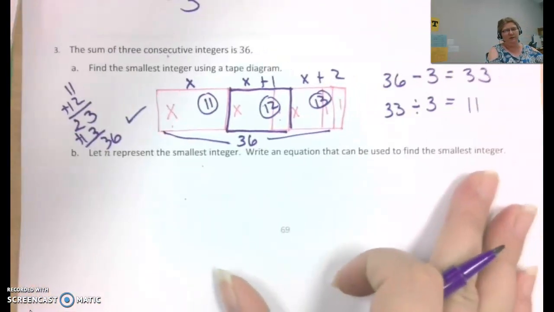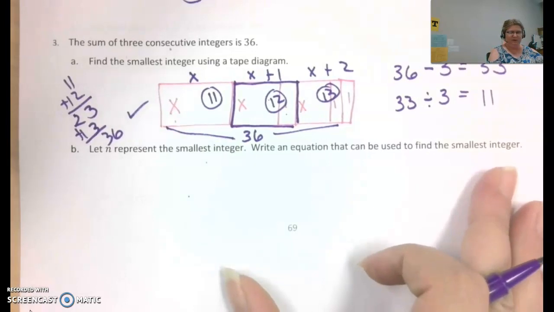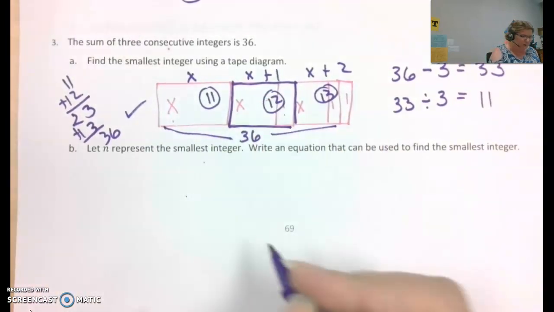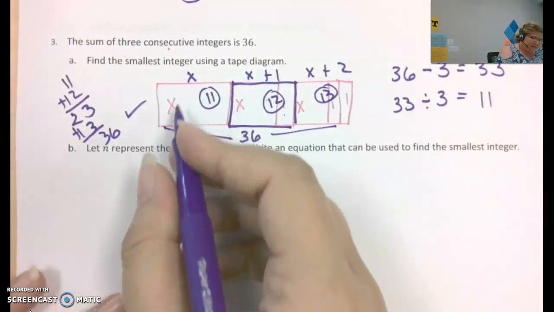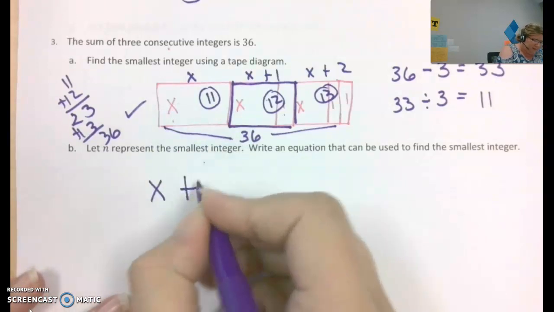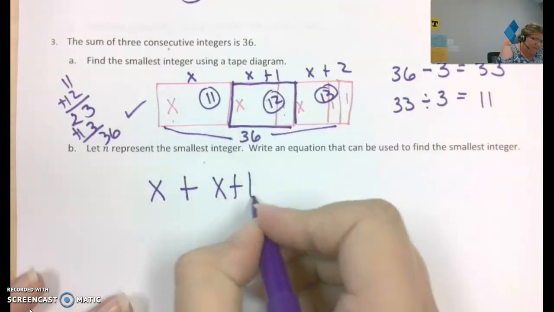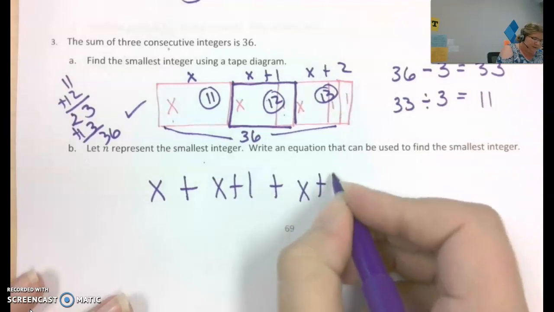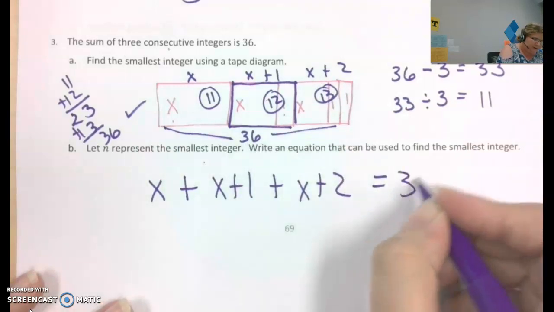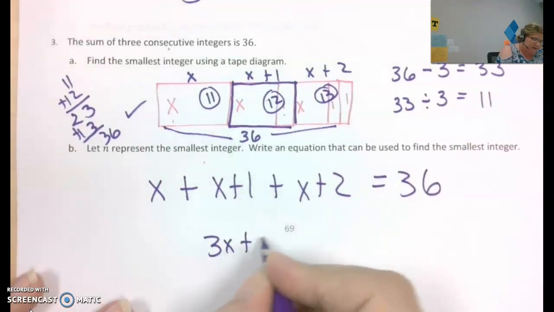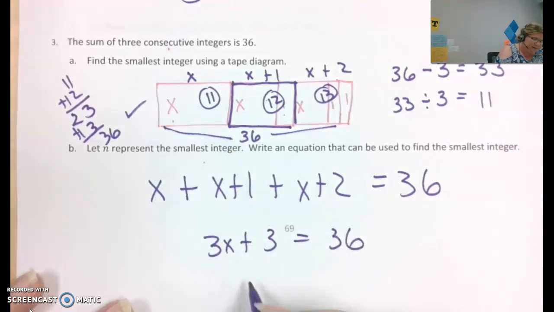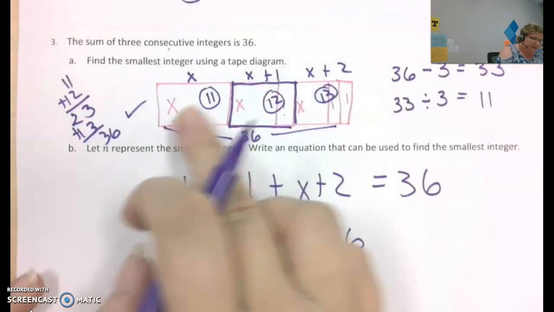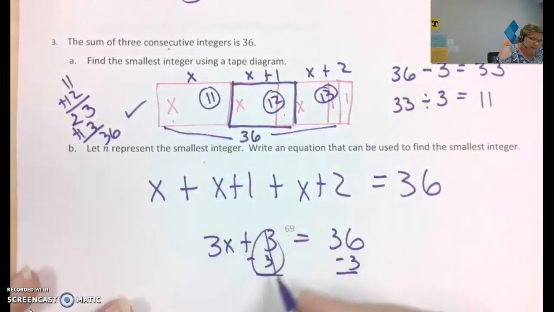But a lot of times we need to write an equation. That is part of our work in 7th grade, is writing equations. So let's do that. This would be x plus x plus 1 plus x plus 2 is equal to 36. So I have 3 x's plus 3 is 36. Take the 3 away. And I love that you can see why we're doing that. If you look at the tape diagram, 3x is 33.